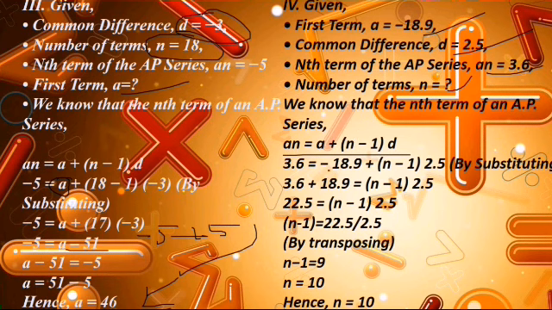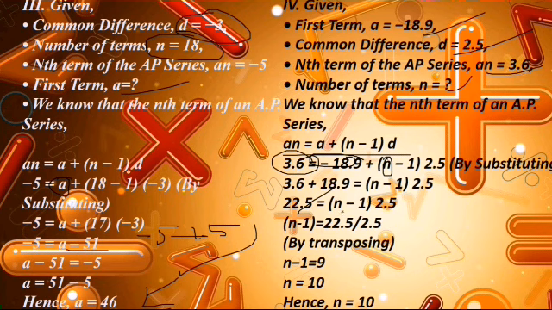Substituting, 3.6 is equal to minus 18.9 plus n minus 1 into 2.5. Transposing minus 18.9 to the other side, we get 3.6 plus 18.9, that is 22.5.